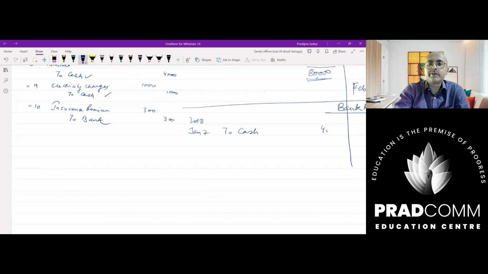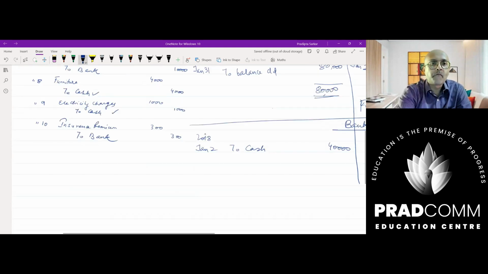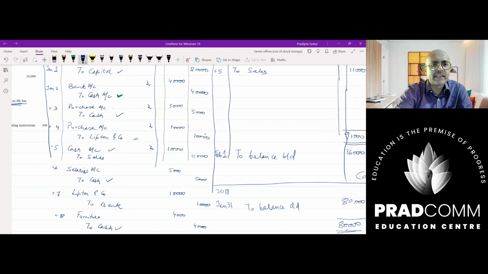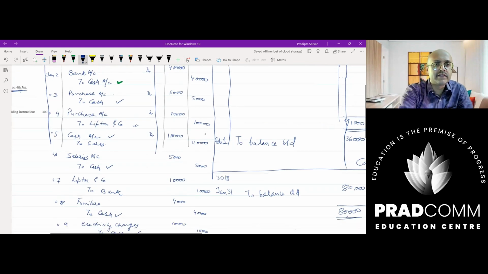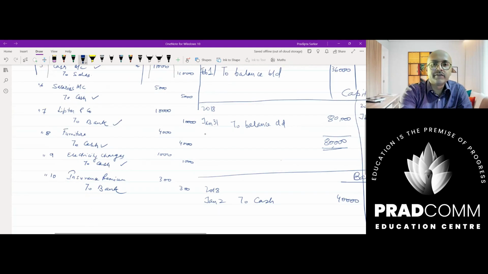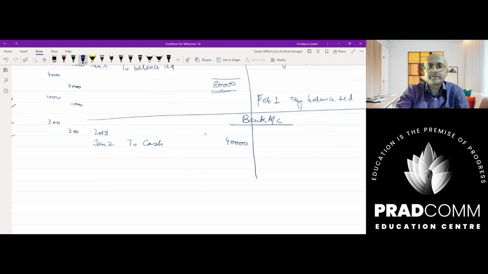So bank account debit, to cash 40,000. Then the next bank entry comes on the 7th of Jan. So bank is credited, Lipton was debited. So we will write Jan 7, by Lipton and Company.